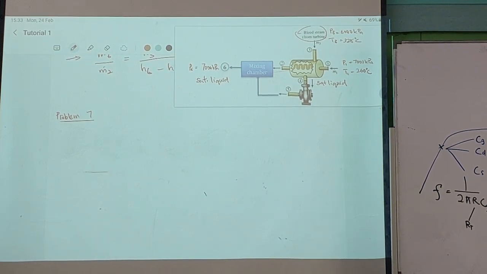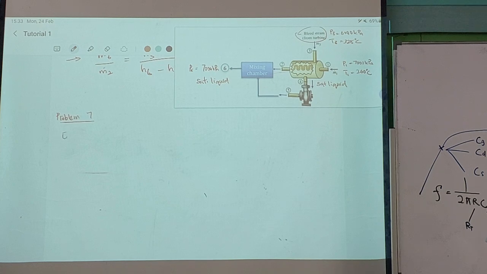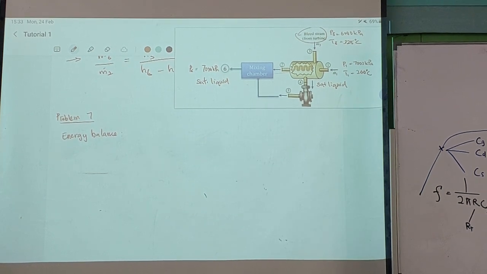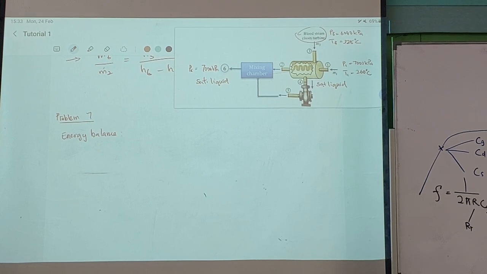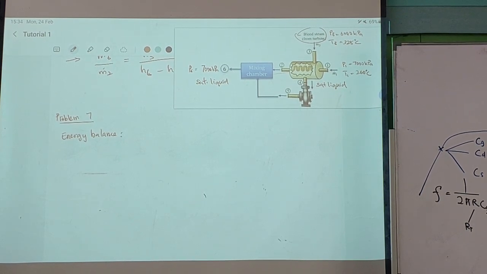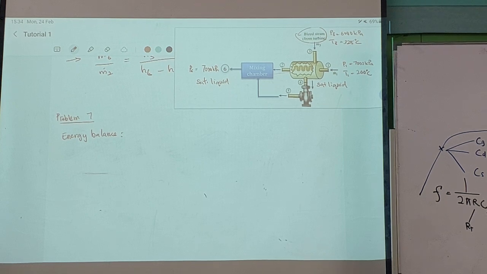So same thing here, we can do an energy balance. So energy in equals energy out. Okay, so what is the energy in? For this energy balance, we can focus on the mixing chamber. So what are the inlets that we have at the mixing chamber?